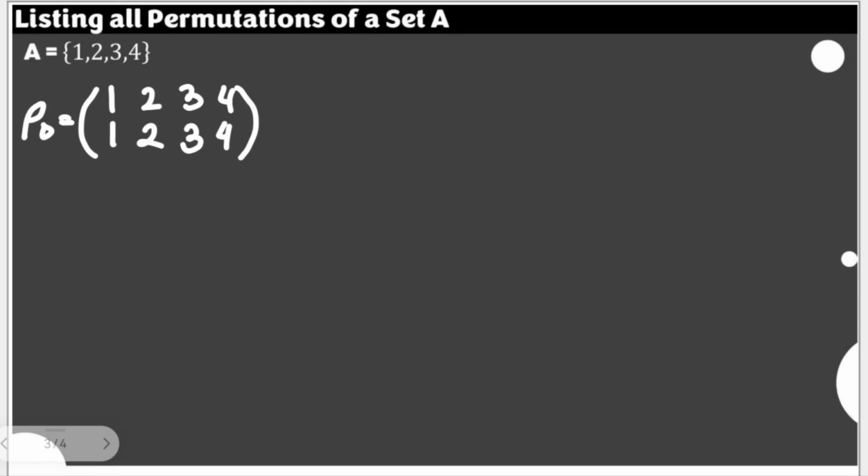Now, this time, we can also list down all permutations of set A following a certain square where the vertices are your elements 1, 2, 3, and 4.